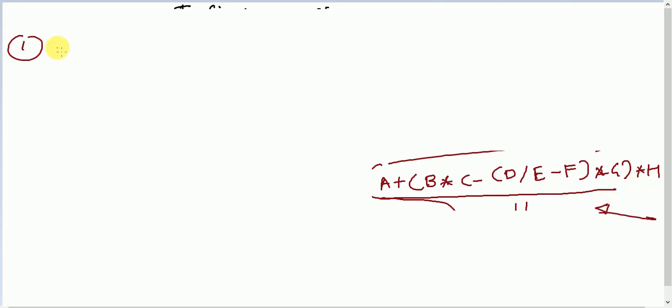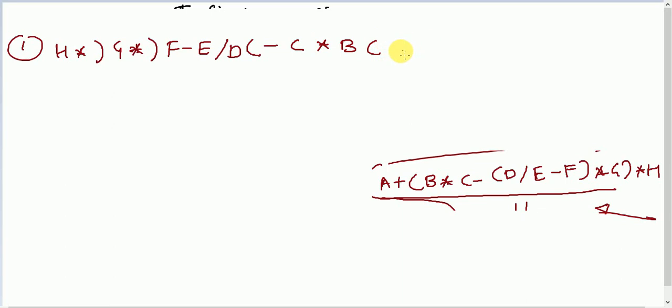So that will be h multiply by, this bracket will remain as it is, g multiply by, this bracket will remain as it is, f minus e divided by d opening bracket minus c multiply by b opening bracket plus e.